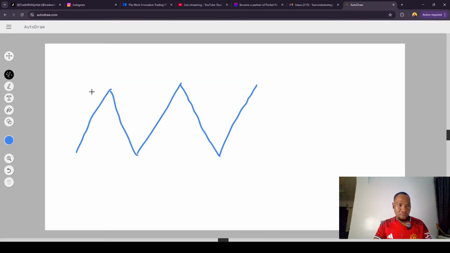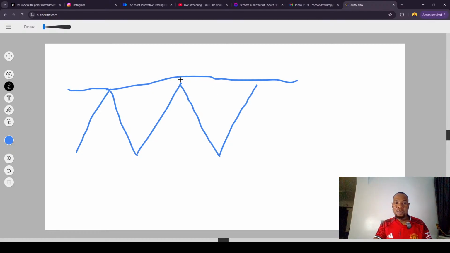I need a line now. So this point is our resistance because price is being rejected at that point several times. So that's our resistance point, and the level below is the support.